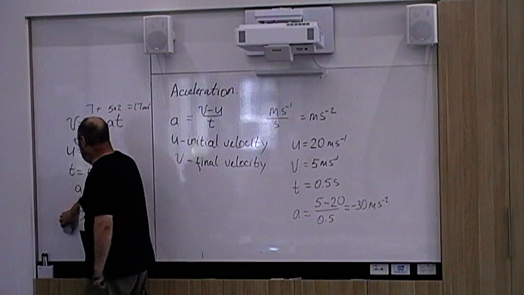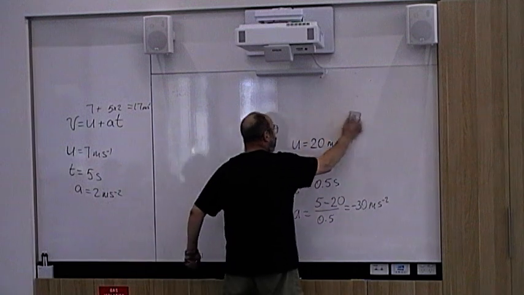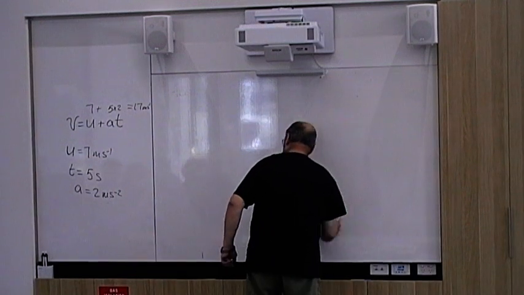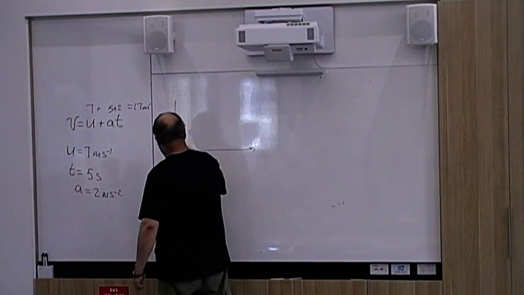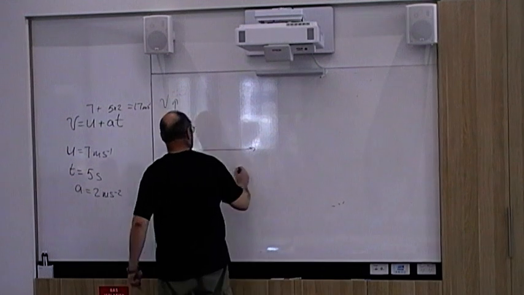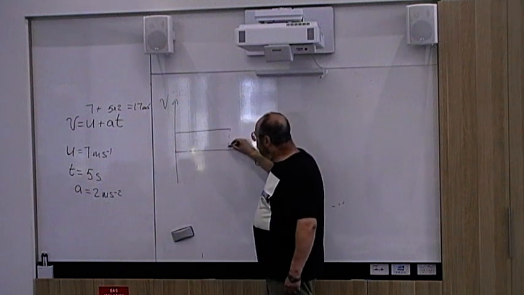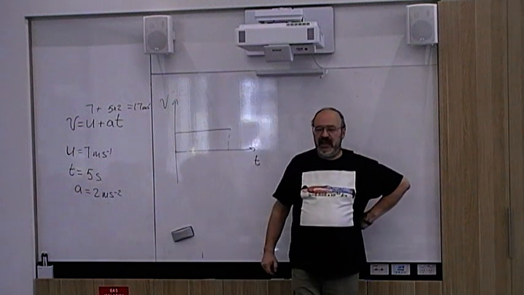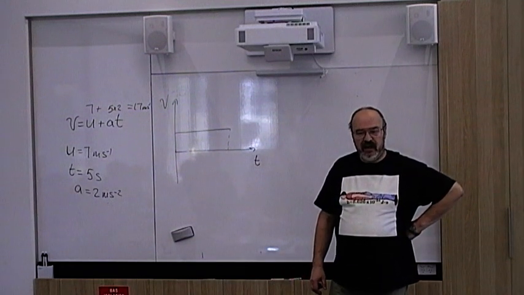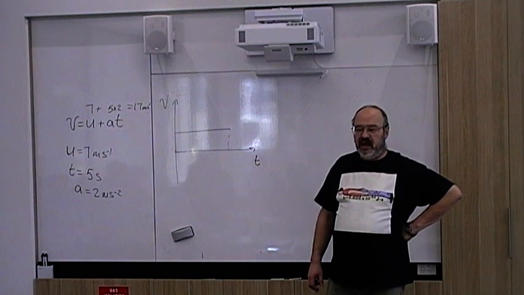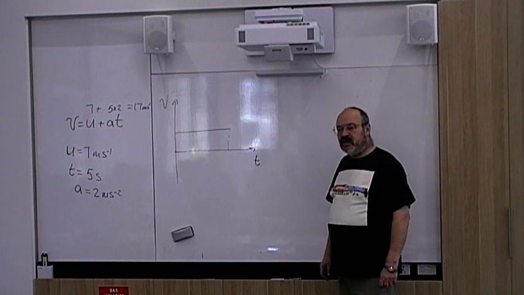To do this, let's recall what we found learning about motion with constant velocity. What does the area under the velocity-time graph tell us? Displacement. And that will always be the case: the area under the velocity-time graph gives us displacement.